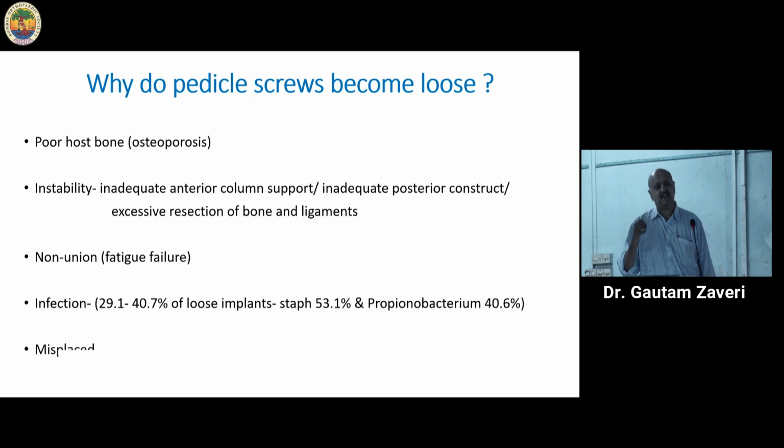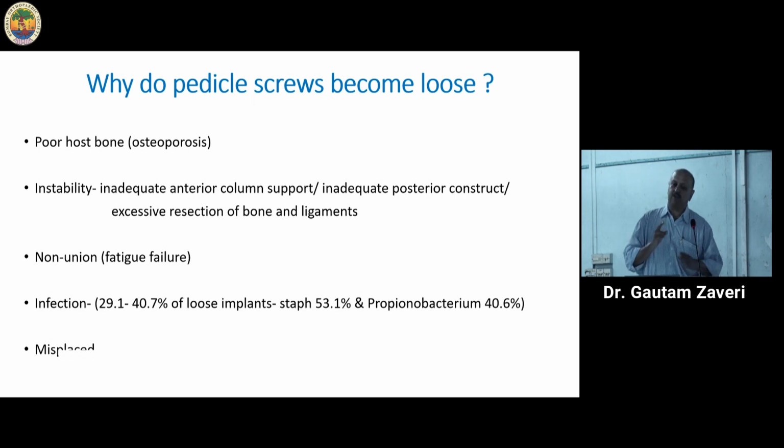But studies which have shown chronic loosening and then subsequently done cultures have found a 29 to 40% incidence of chronic pyogenic infections. The most common bugs being staph and a very slowly growing organism called propionibacterium.